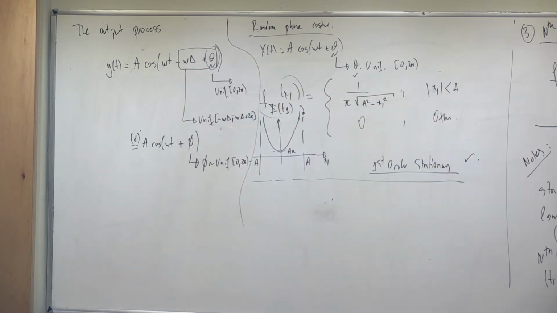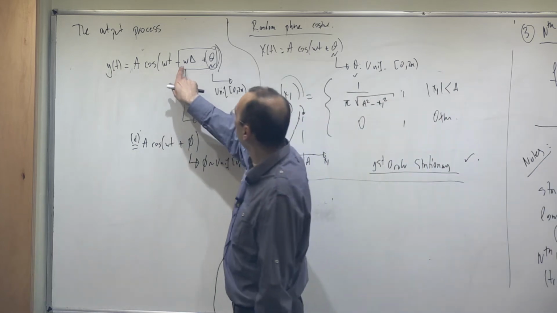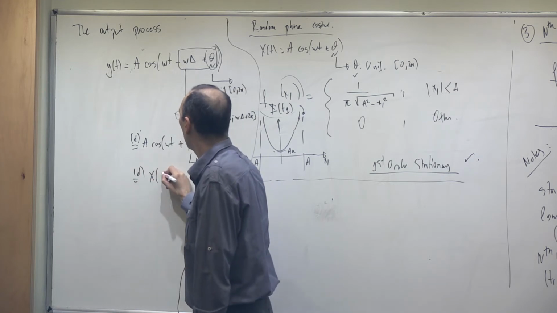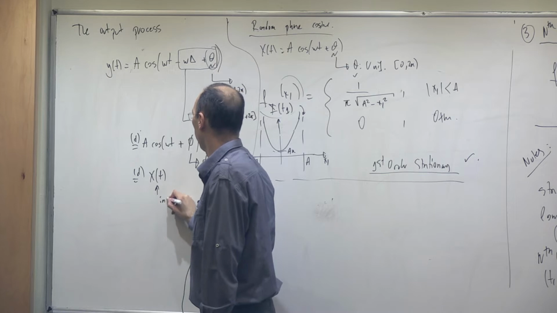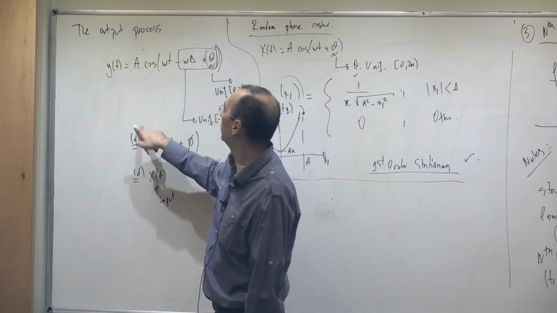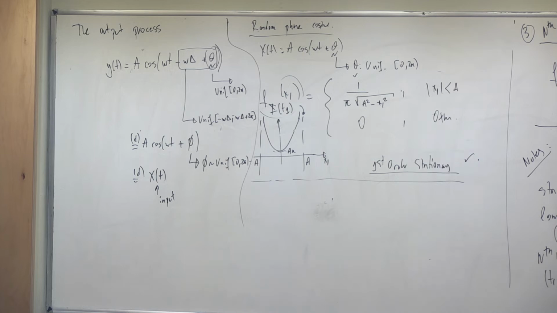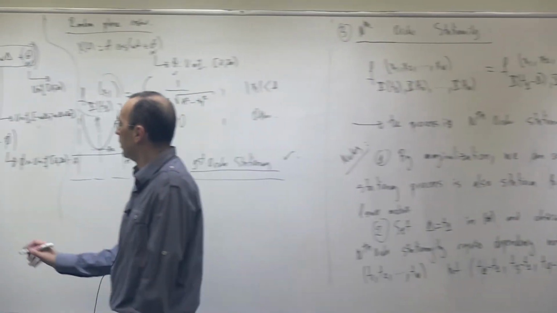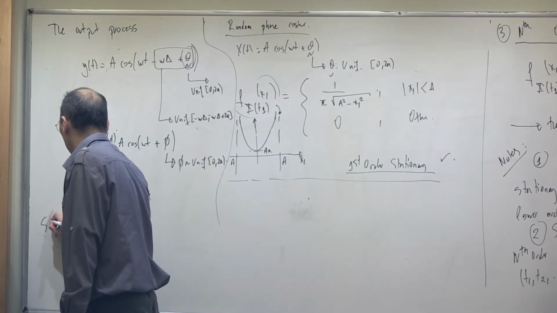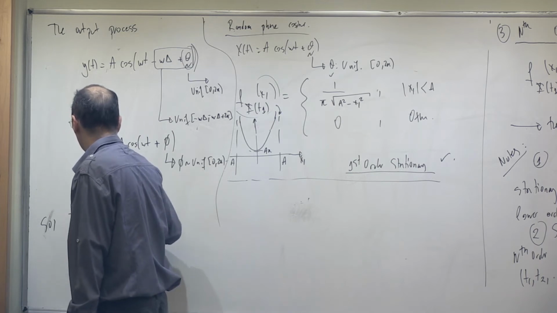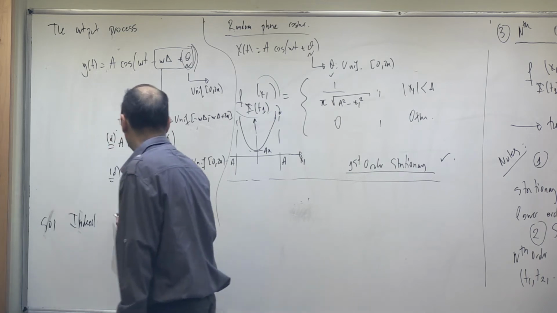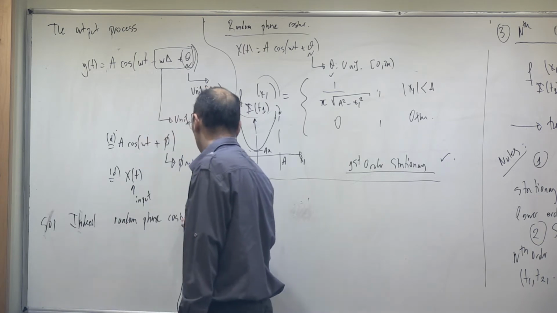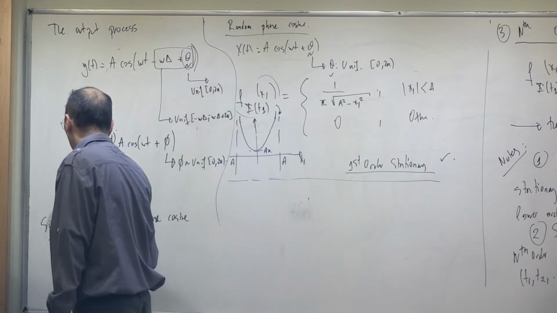That is the main idea. So you see that even though I shift this one, this has the same distribution as the unshifted input version. But this is in distribution. This is not an equality. Okay? This is in distribution. So this is that. That was the definition actually. So we see that indeed, random phase cosine is nth order stationary.